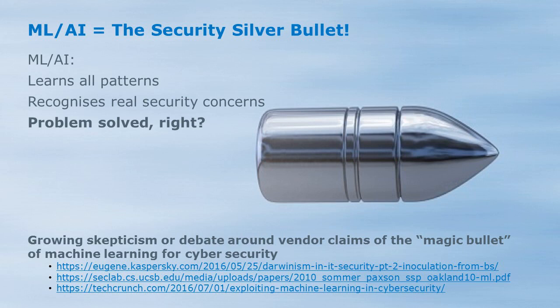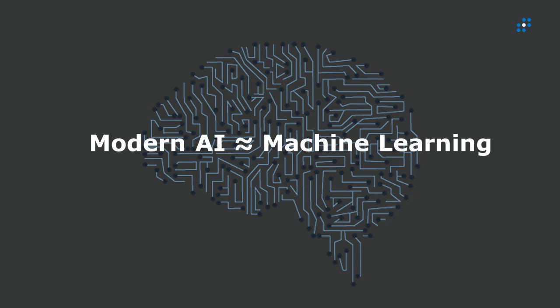And the actual reality is that AI today is roughly equivalent to machine learning. And this machine learning is really most helpful in threat detection by learning patterns of normal activities and recognizing anomalies to those activities. And we have the data, and we have the compute power to be able to do that today.